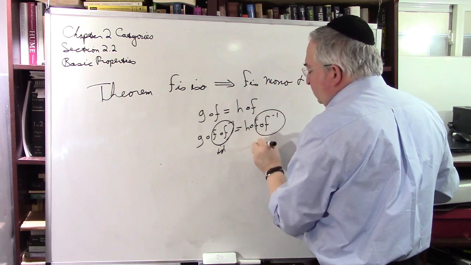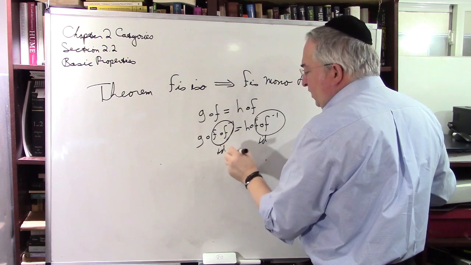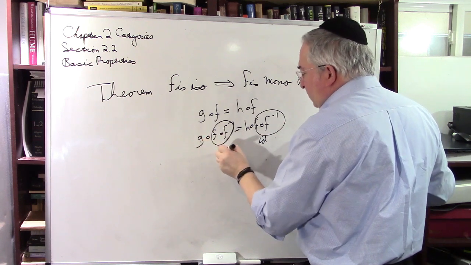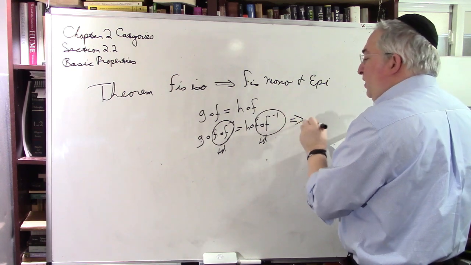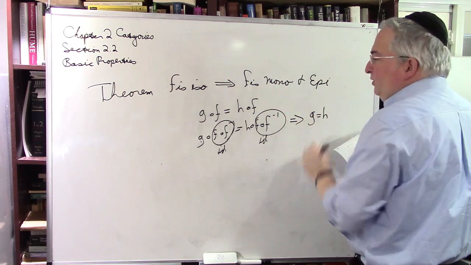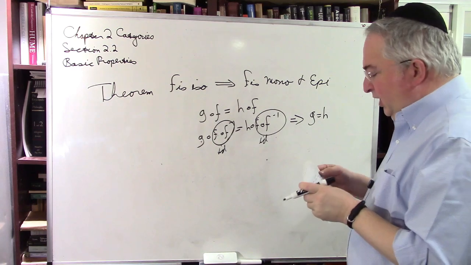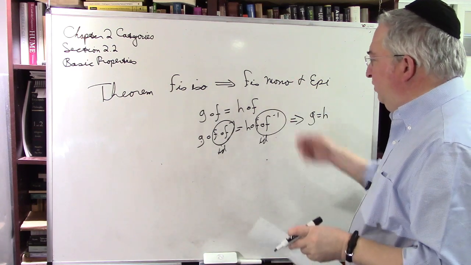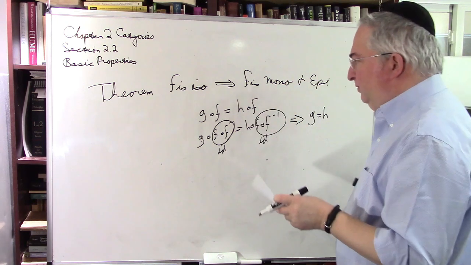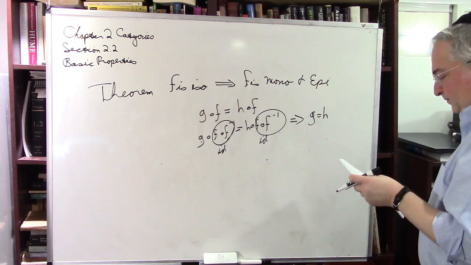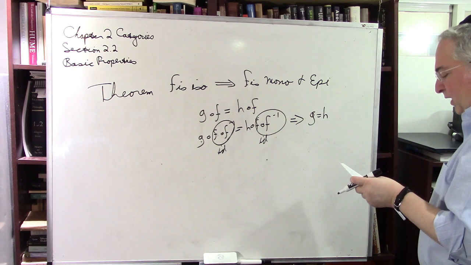And so what you get is G composed with the identity is equal to H composed with the identity. This means G is equal to H. So that shows that F is mono, that it's left cancelable, and it works the same way for epi, right cancelable. Okay, great.